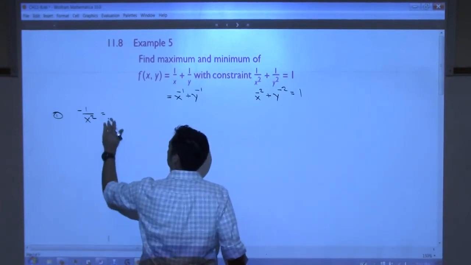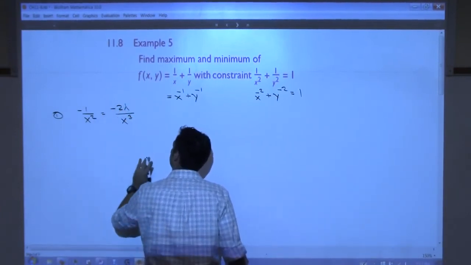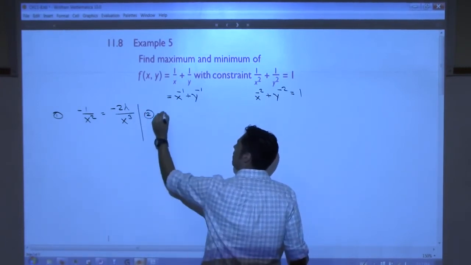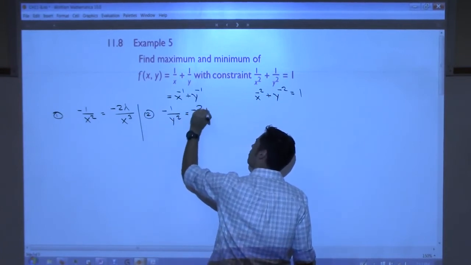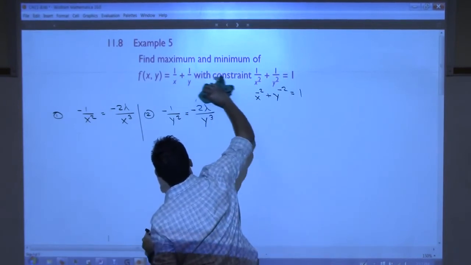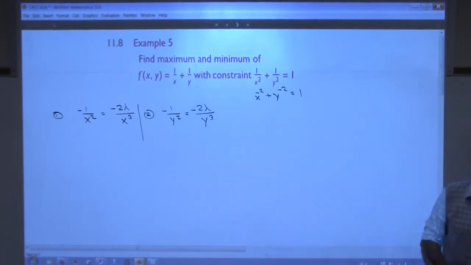So how about I do this? Negative 2 lambda over x cubed. Second equation, negative 1 over y squared equals negative 2 lambda over y cubed. Pretty much identical, isn't it? And then the third is the constraint.